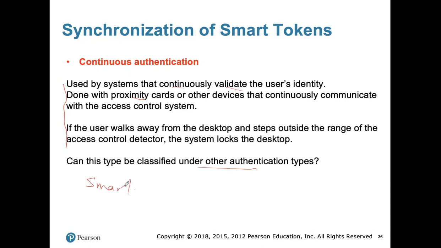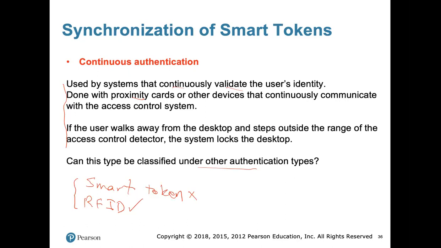You can go with normal or passive tokens, like RFID. That might be enough. You don't need to pay for smart tokens. You just get an RFID tag, which is very cheap. Sometimes they're below $1, and that might be used for proximity-based authentication.